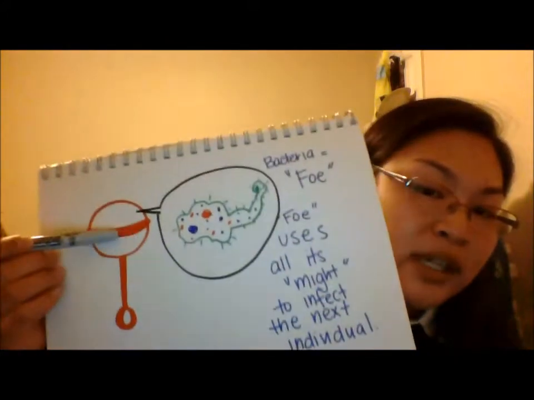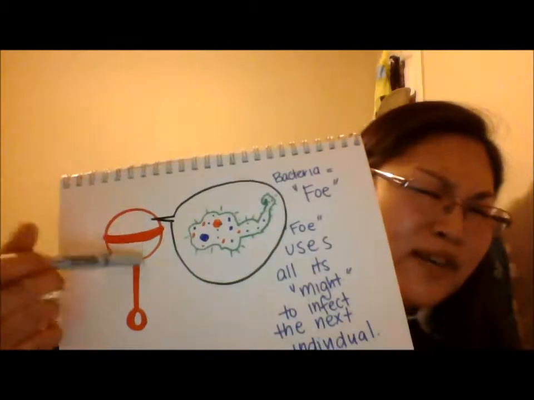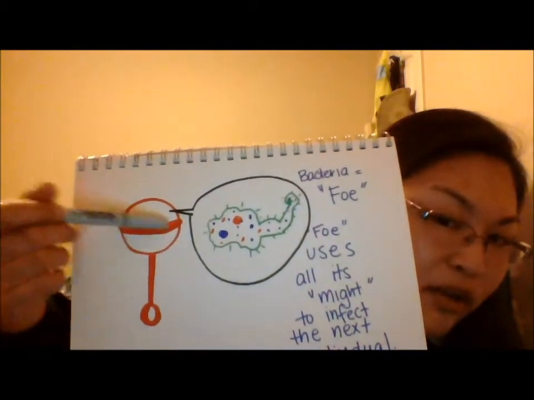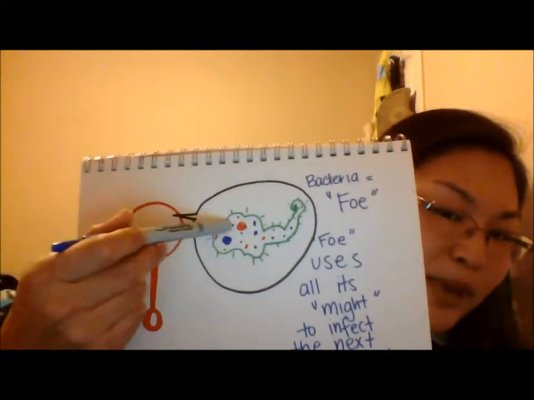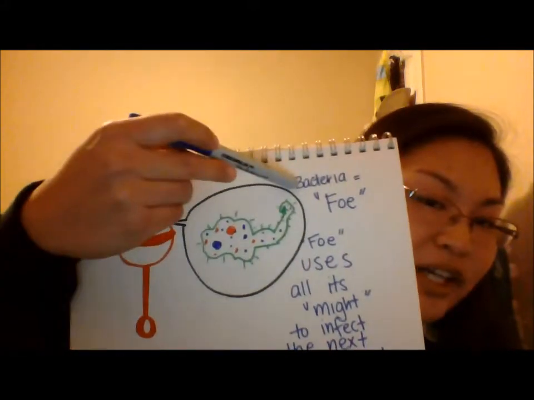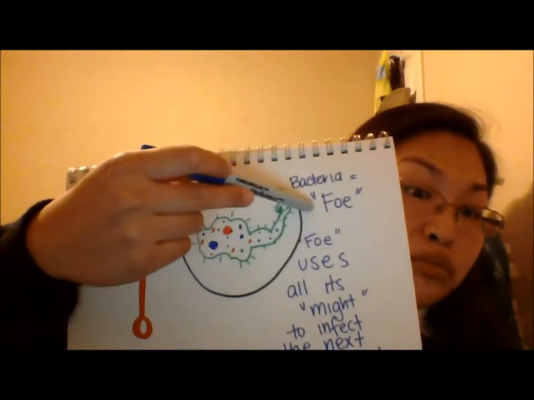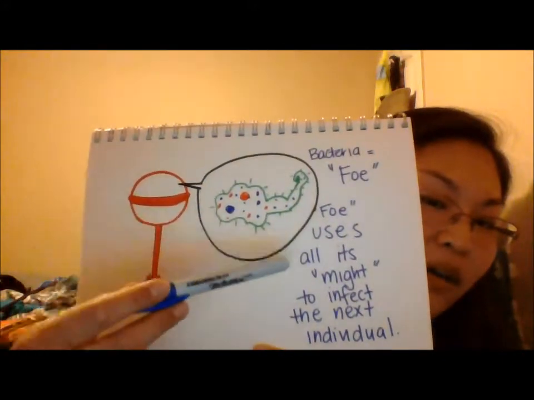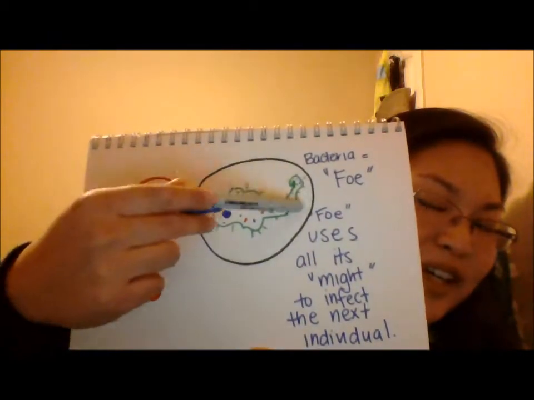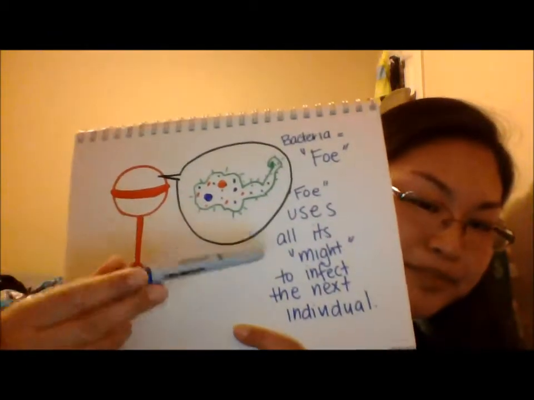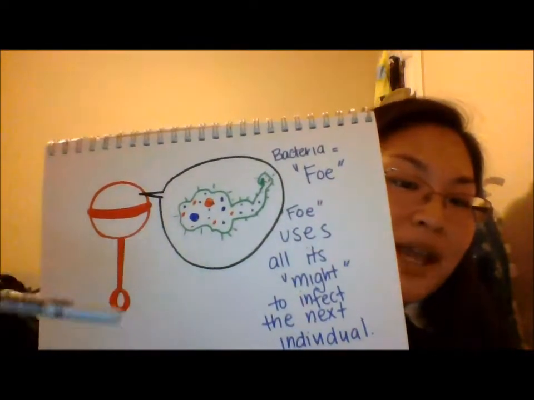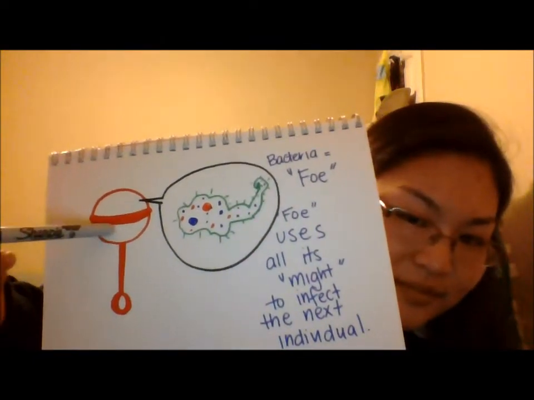So now my cold or whatever infection I have, I used bacteria in this example, is all over the rattle. So the bacteria is a foe. And then this foe uses all its might. So we have really strong bacteria to infect the next individual. So you have a foe might right there. Hopefully that helps you guys.